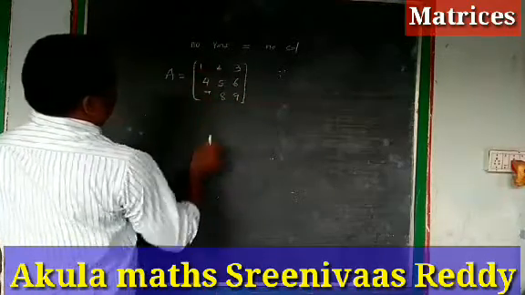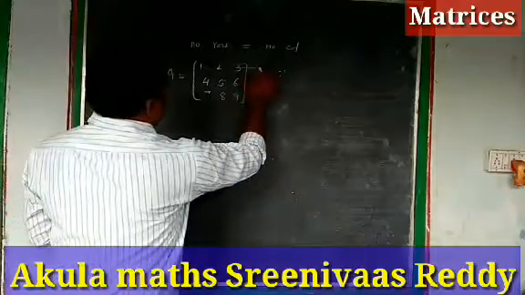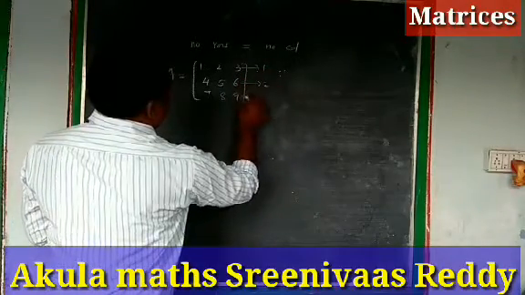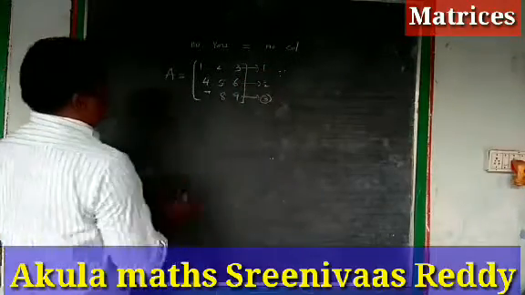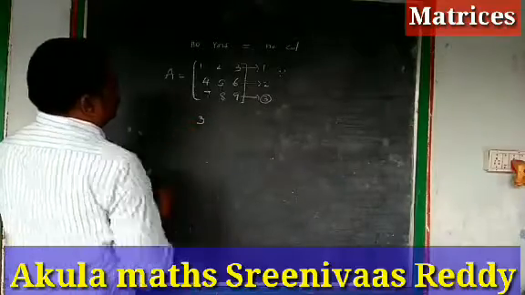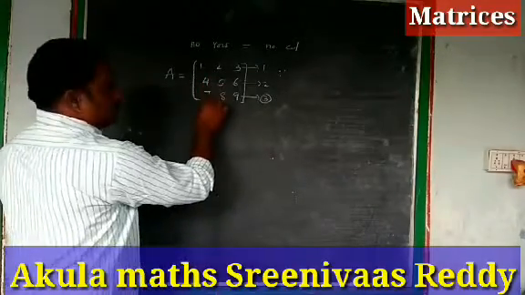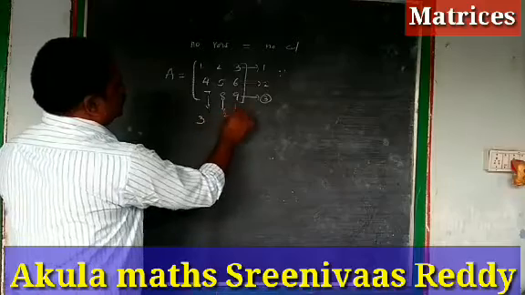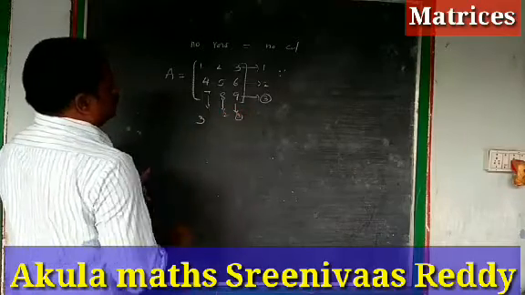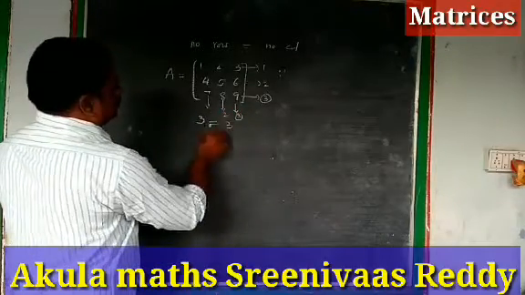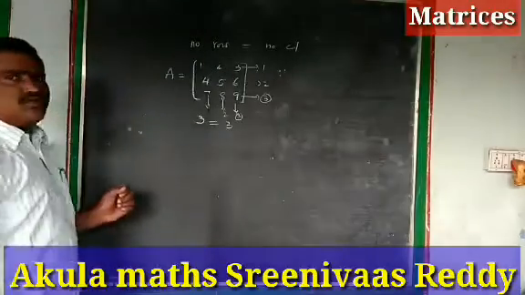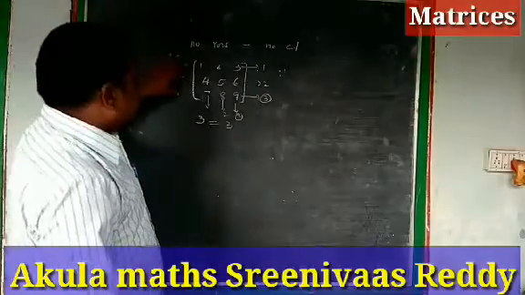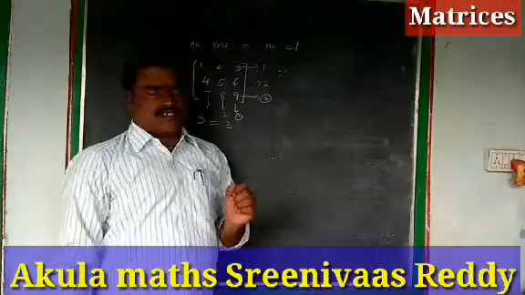Here the number of rows is 1, 2, and 3, so there are 3 rows and 3 columns. So 3 is equal to 3, so the given matrix is a square matrix.